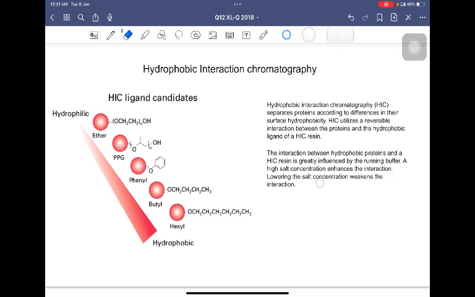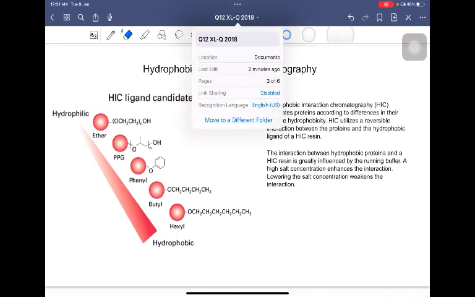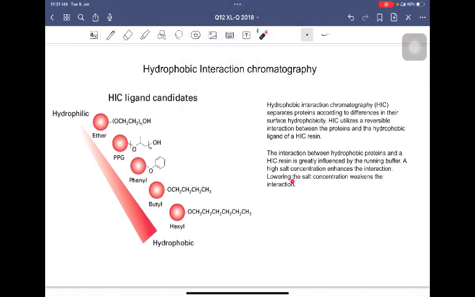But if you lower the salt concentration, that will weaken the interaction. So by lowering the salt concentration, the hydrophobic proteins which are bound to the matrix can be eluted out of the column.